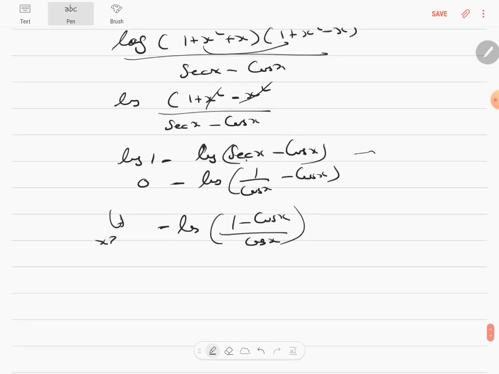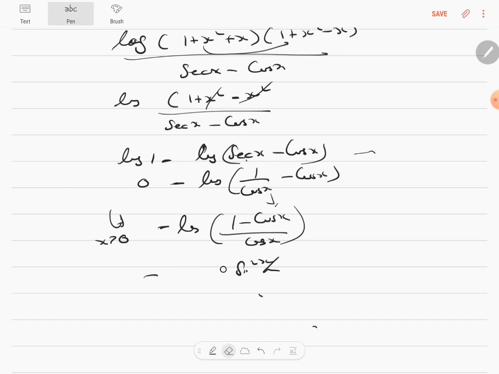The denominator is not becoming 0, but the numerator is. So let's solve this further. 1 minus cos x is 2 sin square x by 2, over cos x. And the denominator is not becoming 0, okay, by cos x. But either way, I'm just thinking cos 0 is 1, so it becomes log 0 minus log cos x.